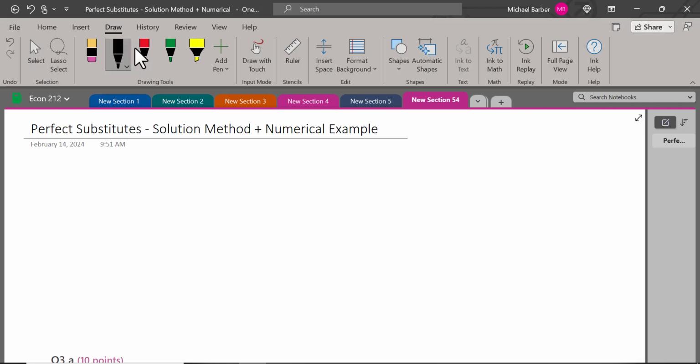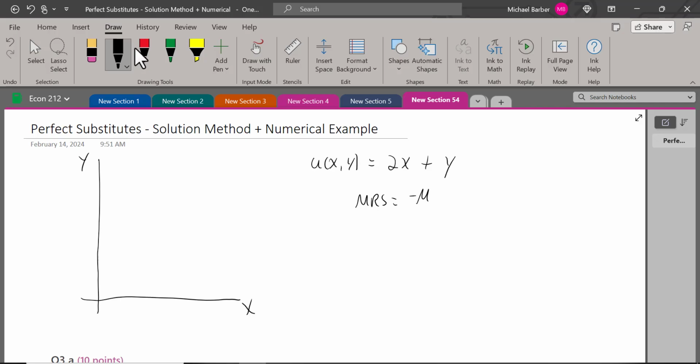And what that means, if we have a constant marginal rate of substitution, let's say I have two goods, let's call them X and Y. So for example, we had some utility function, let's say it's 2x plus y. We could see that the MRS is the negative ratio of marginal utilities, just like usual, and this is going to be negative 2 over 1.